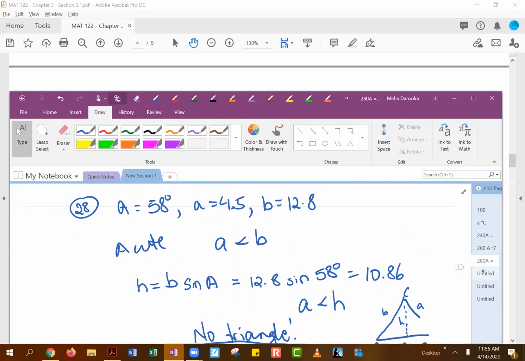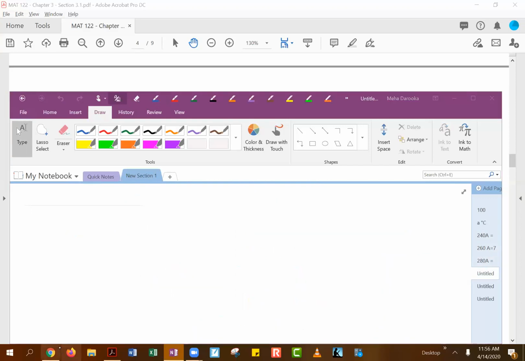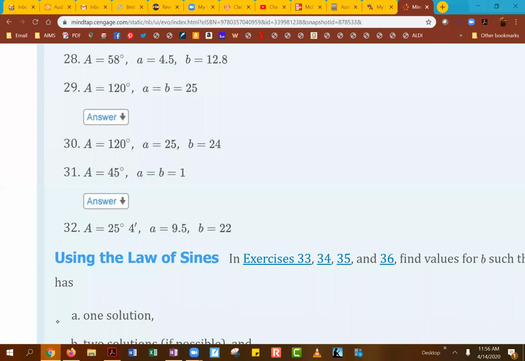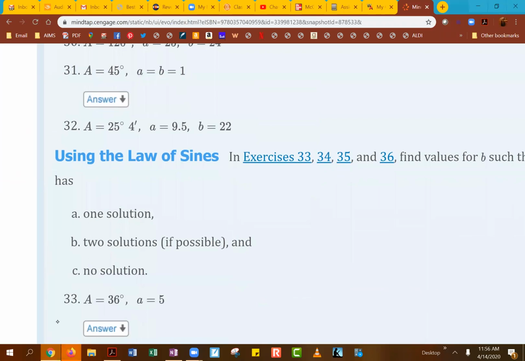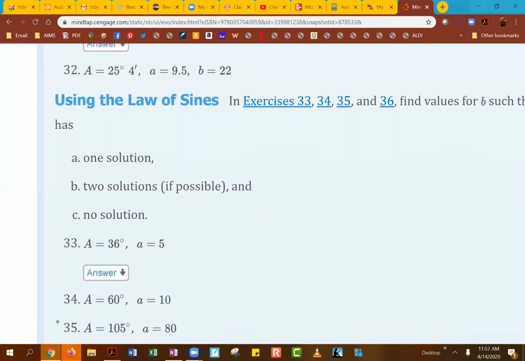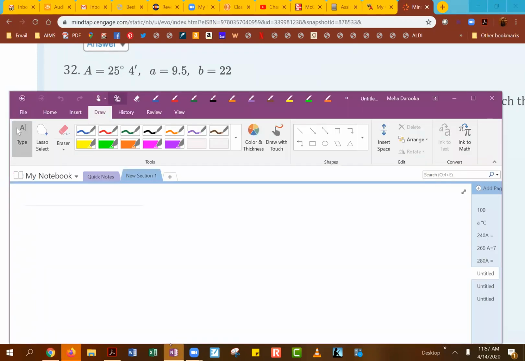Now, the next example I actually want to look at is where we will talk about having potentially two different cases. We are looking at number 32 over here. So how can we go ahead and rewrite that angle A?